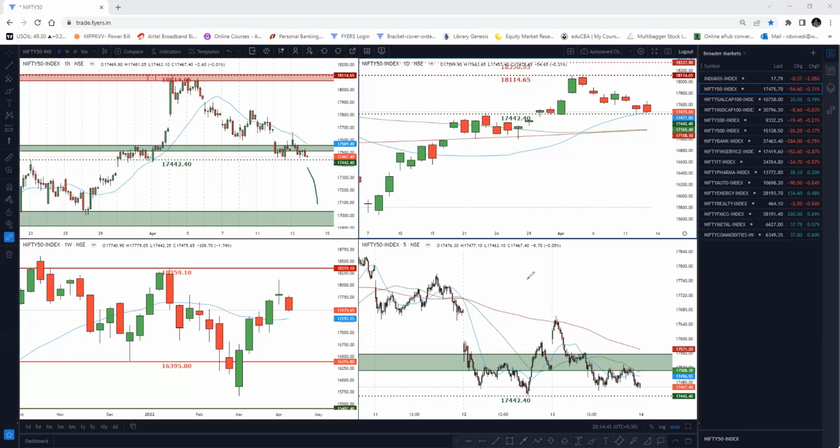Now, looking at the 5-minute time frame for our intraday trades, you can see that this time frame has formed a kind of head and shoulder pattern. Now we know that this pattern is a bearish pattern, and if let's say prices open gap down or it cracks this daily support, then there are pretty much chances that selling will increase in this market and prices will accelerate to the downside.